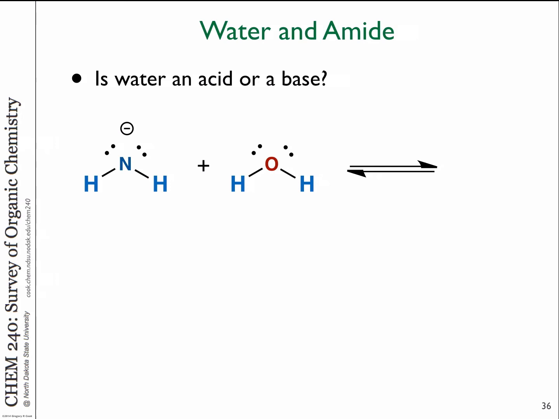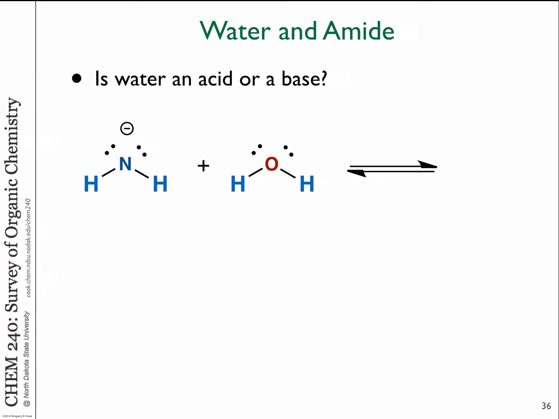Well, a base has to have a lone pair to accept a proton, and an acid has to have a proton to give up. NH2 minus has both. H2O has both. In the previous example, I showed water reacting as a base because it took the proton, right? Well, it depends on what it reacts with. Water can also act as an acid.